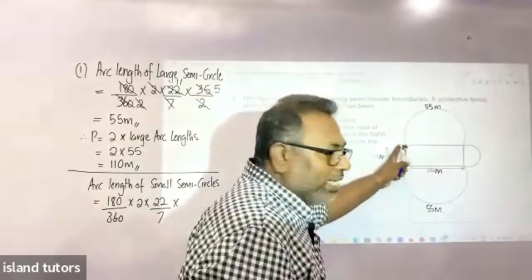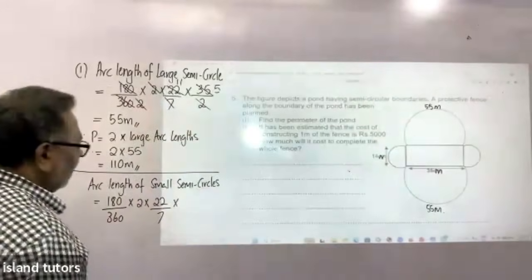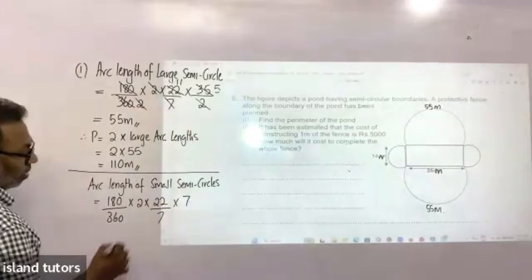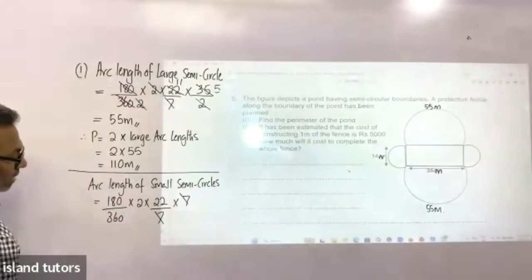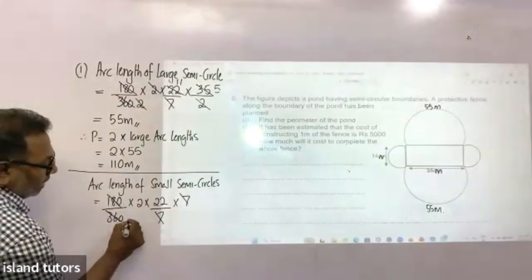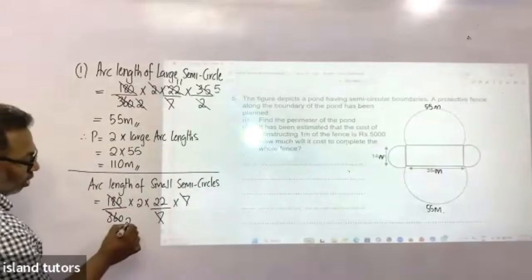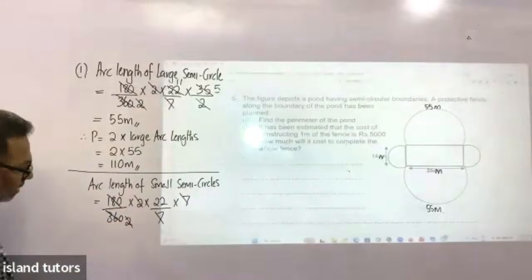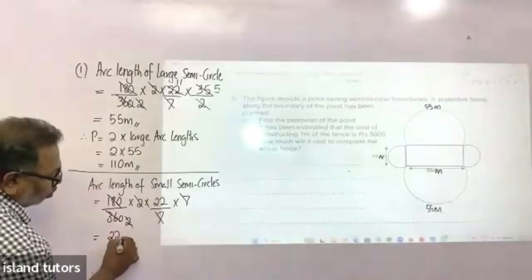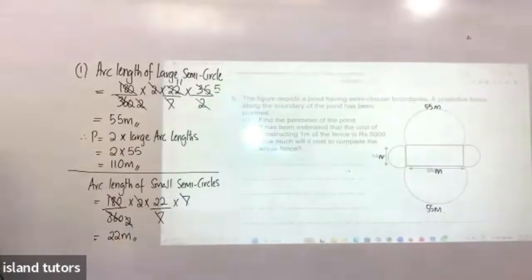Here 14 divided by 2, you are getting 7. So this 7 cancels, 180 and 360 cancel, 2 and 2 cancel. So you have 22 meters.